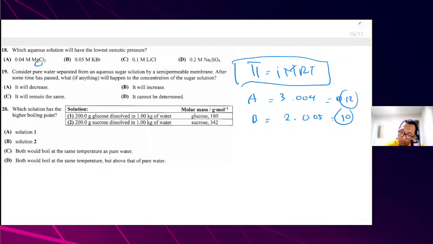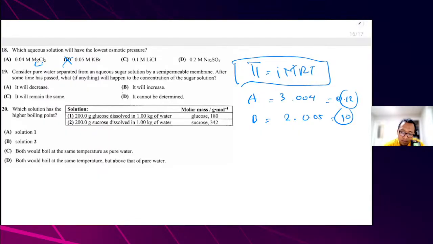Another one is more than that, so the answer will be D. Just remember, for colligative properties like osmotic pressure, always count particles i, and multiply by molarity.